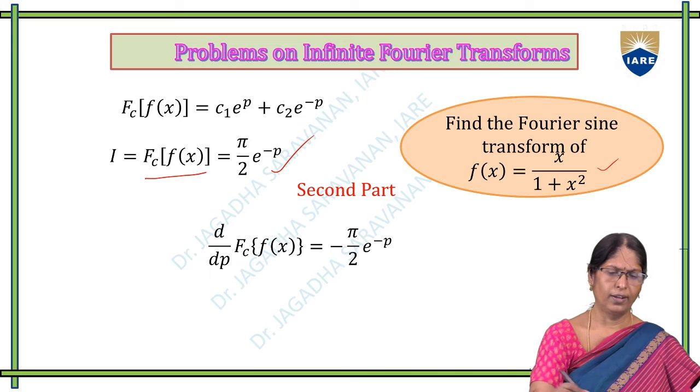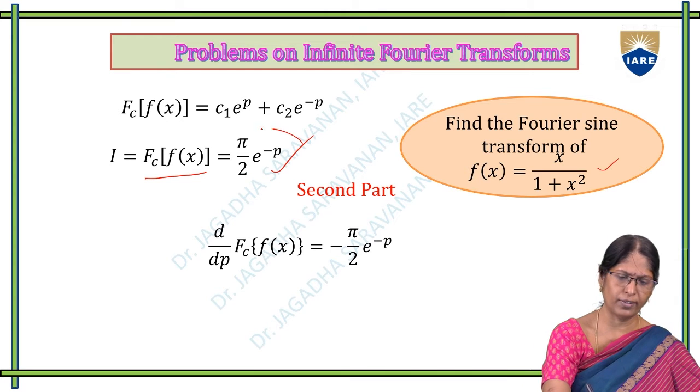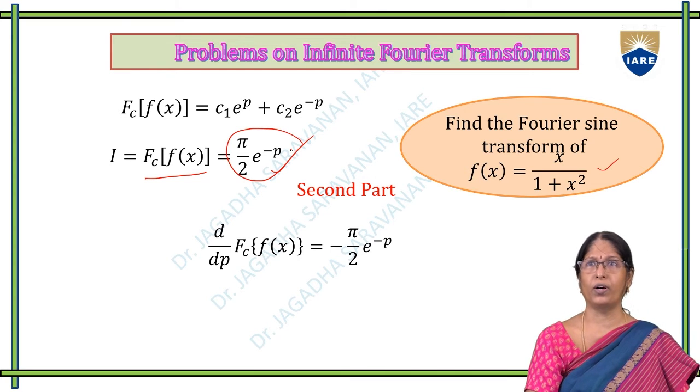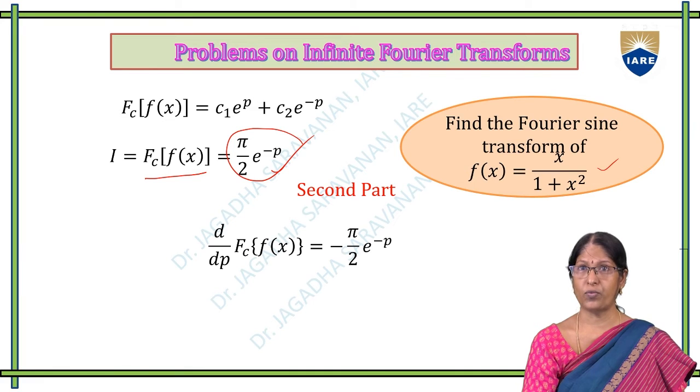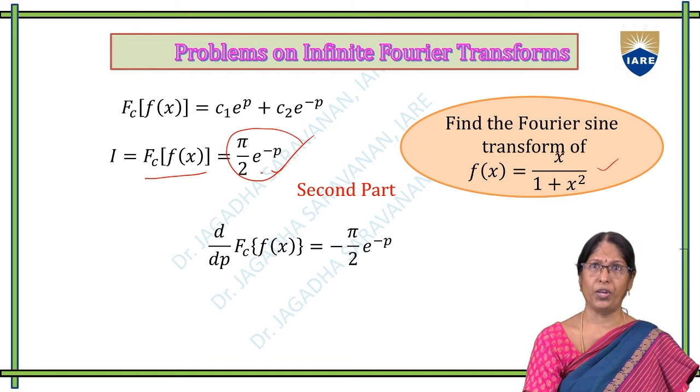That is, the first result is related to our Fourier cosine transform. The Fourier cosine transform, what is the result we achieved?